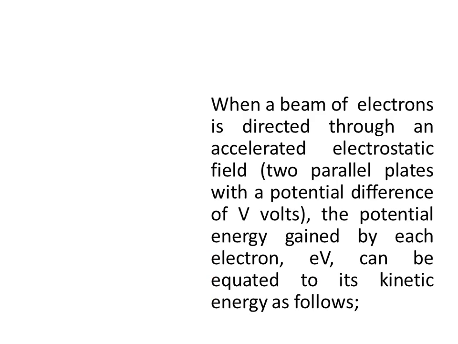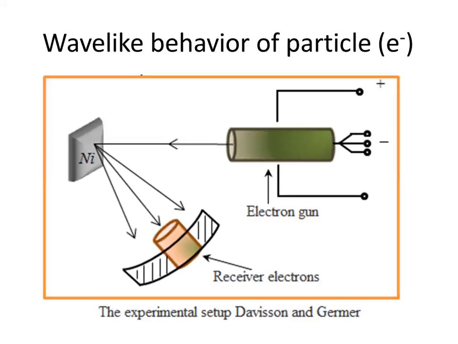So the potential energy gained by each electron is called the electron volt, and it can be equated to its kinetic energy, and that is converted into kinetic energy. Again, the electrons are coming from the electron gun.